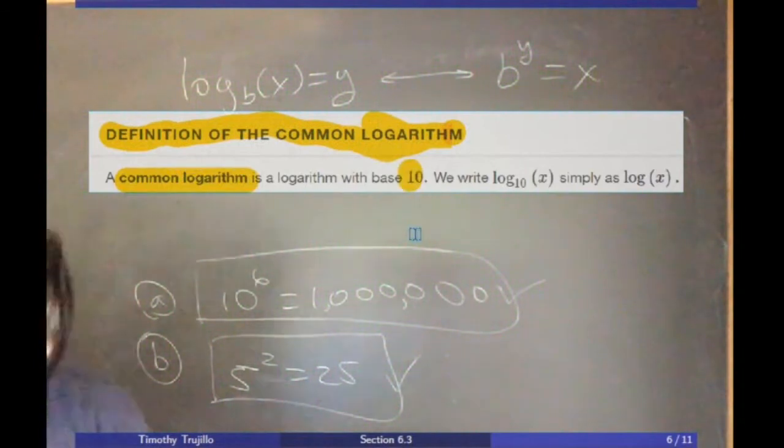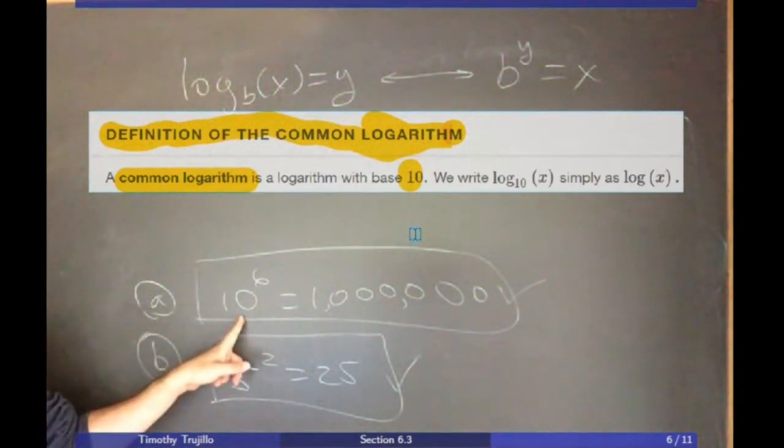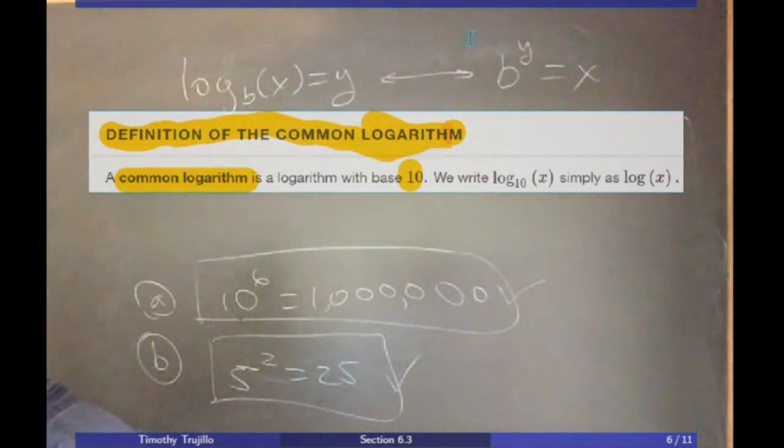Okay, so when we have something like this, where we're looking at a base 10 logarithm, we call it the common log, and the notation we use is not this, like you might think. This would be the more precise notation. This is precisely saying the base is 10. But instead, we omit the 10 and just write it as log of x, right?